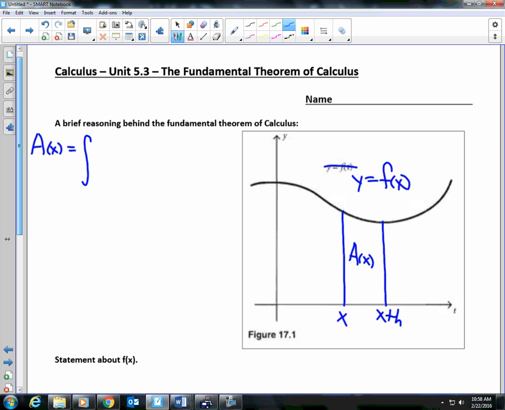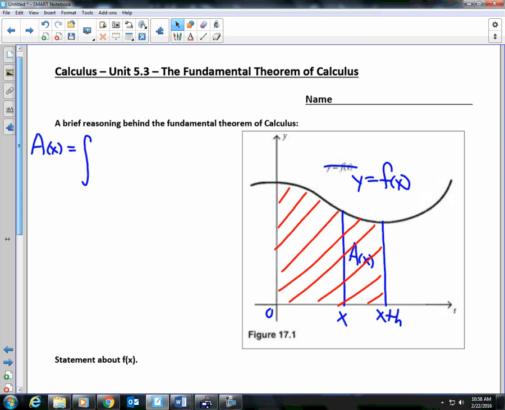If I want to figure out this area, what I could do is I could figure out this red portion by bringing it all the way back to 0. And then what would I do? Subtract off the stuff up to x, right?